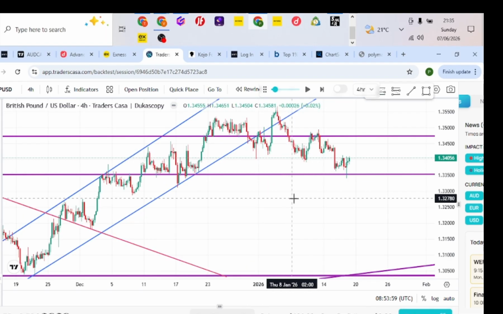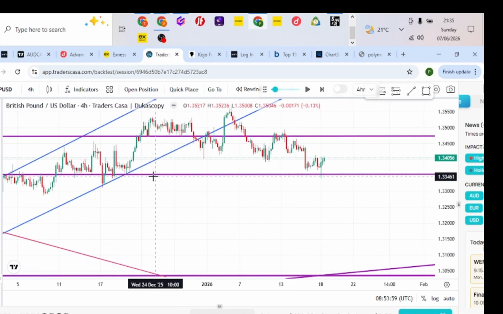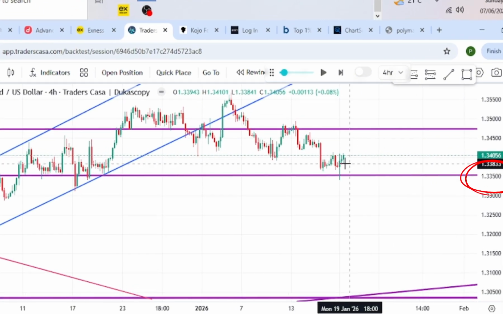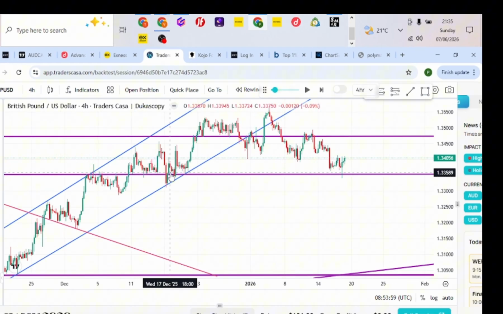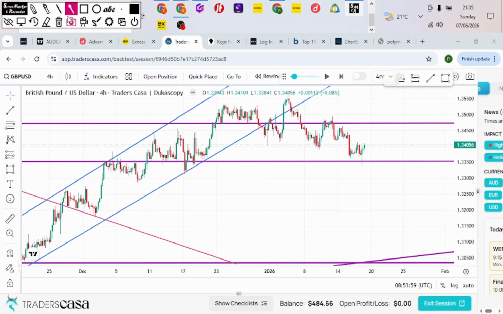Also, when we go down to this price, it respected this particular price at 1.33. We also know we have another swing low here. We can see the market touched this place and is definitely still going upward because the overall direction of this market is buy.